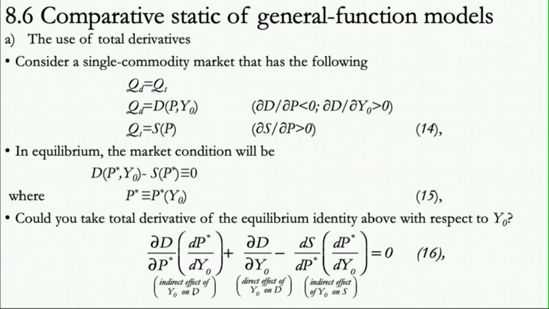Okay, so in a market, of course, you have quantity demanded equals quantity supplied when we have equilibrium, and quantity demanded is expressed by this equation. Quantity demanded depends on price and also income. Such that, in terms of price, it is negatively related here. In terms of income, it is positively related.